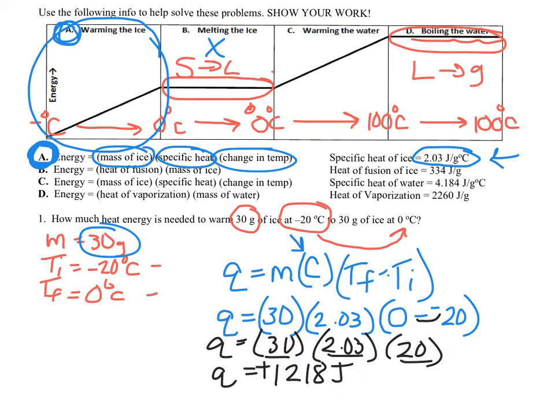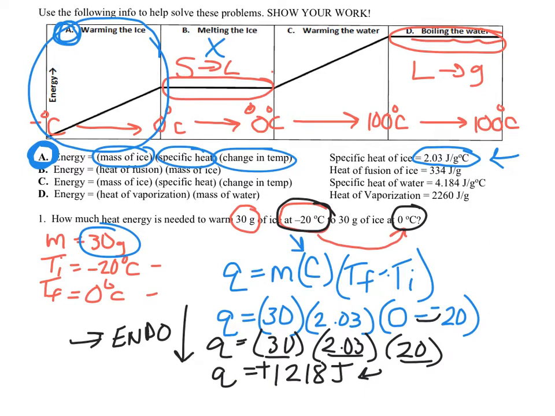Well, first of all, it took about 1,200 joules to heat up this ice cube to get it to its melting point from negative 20 to 0 degrees. So that's how much energy it took to heat it up to get there. The reason it's positive is because you are putting heat into the system, which means that is an endothermic process because we are putting heat into the system. All right? So the numbers also correspond and correlate with the concepts we've been learning as well.